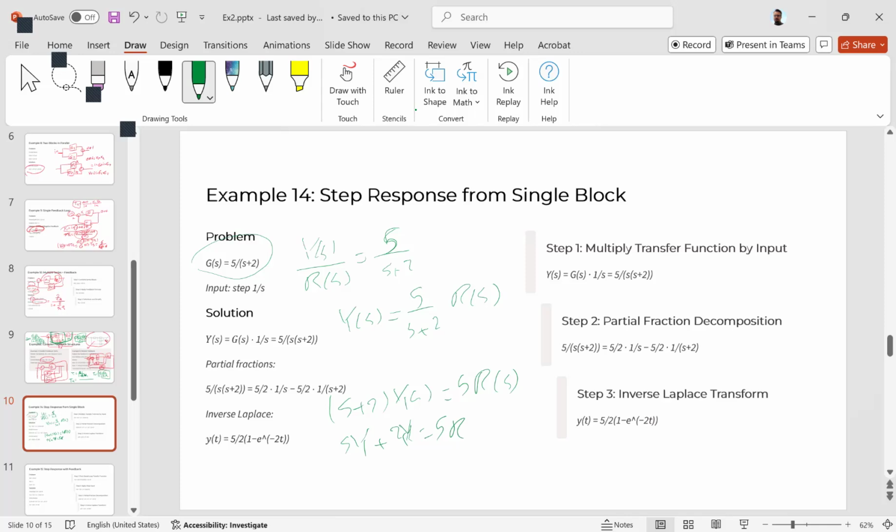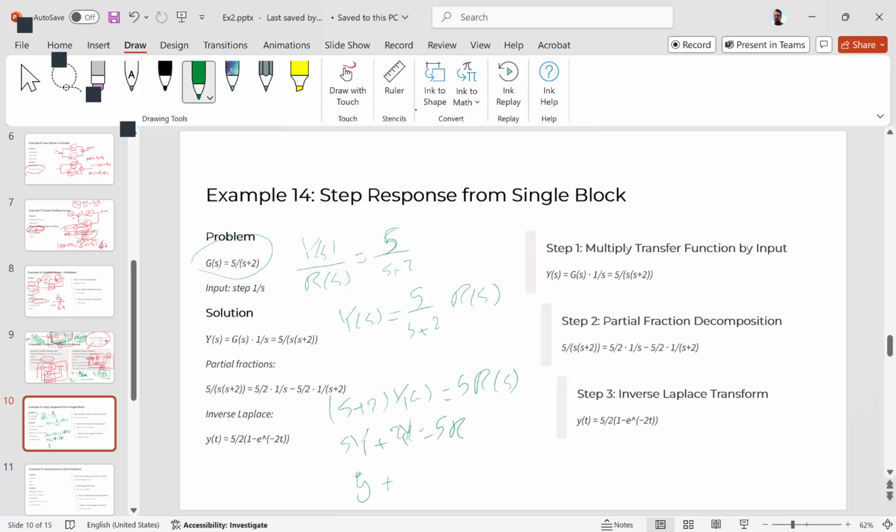What happens to y in the time domain when the transfer function in the s domain becomes s times y? First derivative. So in the time domain, this one is y dot, the first derivative.